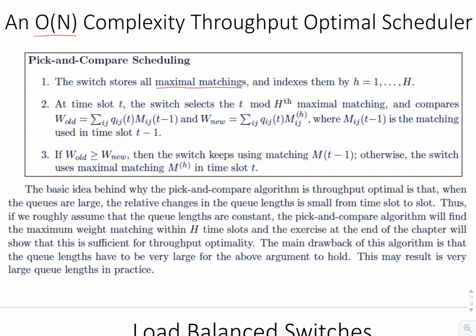So 1 plus 2 is 3, 2 plus 2 modulo 3 is 1, 3 plus 2 modulo 3 is 2.